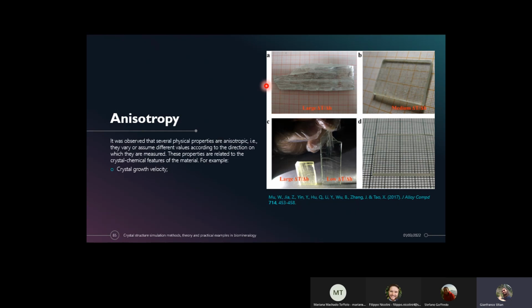And this is related to, for example, the geological conditions of formation. The cooling of a melt, the magma, is different from crystallization from solution.